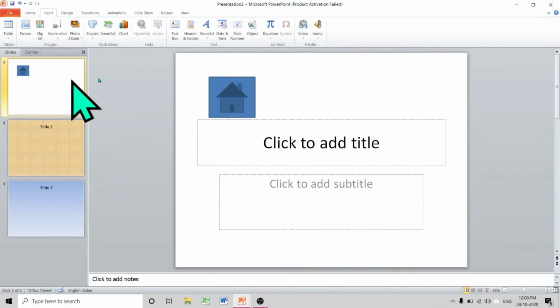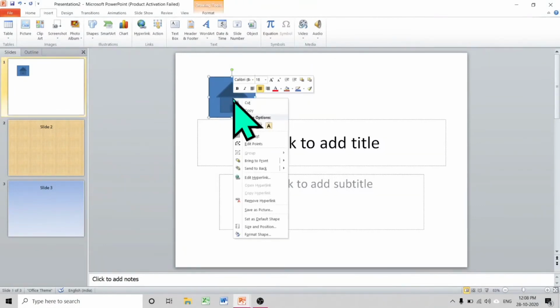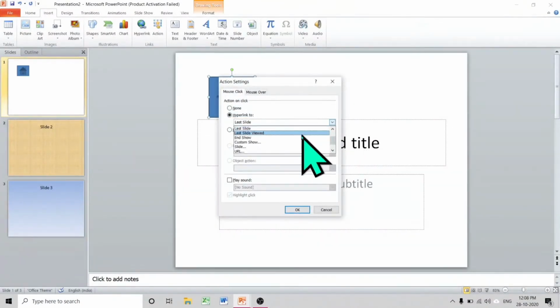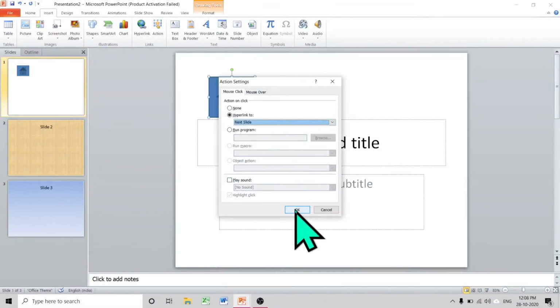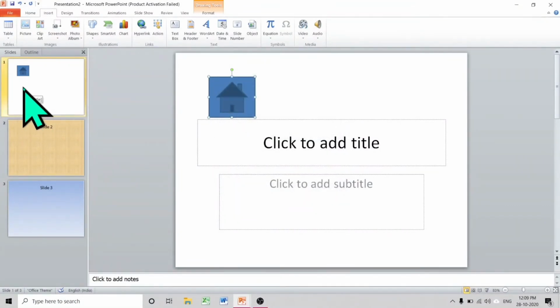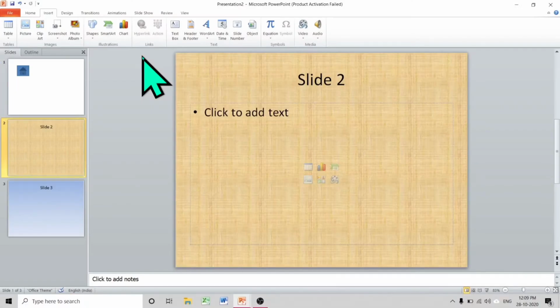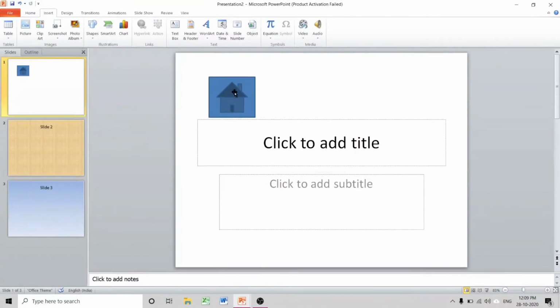Next, if I want to change, I will right click and click on edit hyperlink. Again, I don't want the last slide. I want the next slide, that is slide number 2. I will run the slideshow again. When I click here, slide number 2 will come.